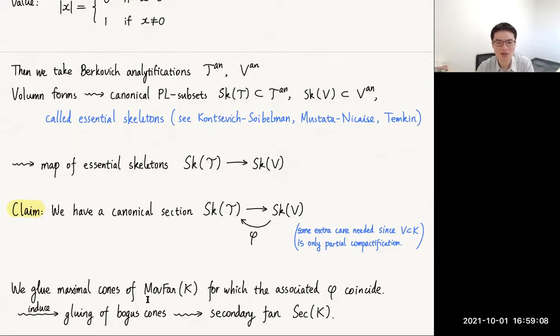We glue the maximum cones of the moving part of the fan for which this section phi coincides. This first coarsens the simple part, the moving part of the Mori fan, and then it also induces a coarsening of the rest, and that is what our secondary fan will be. So this is the idea about how we use this phi.